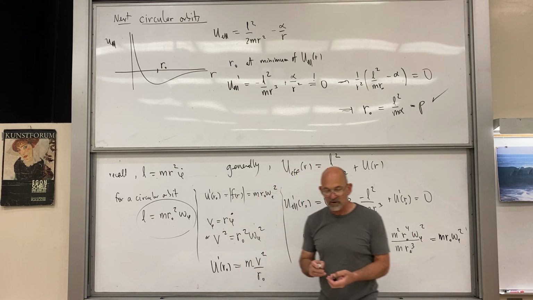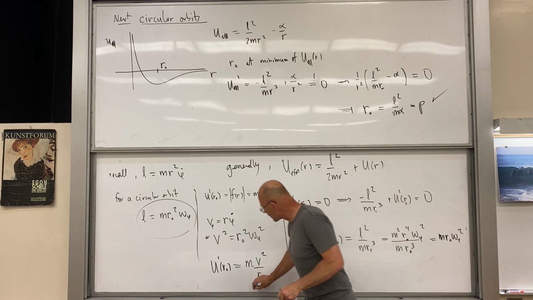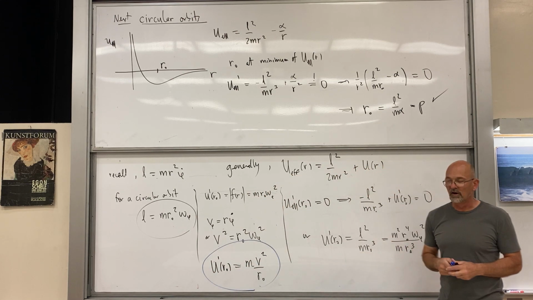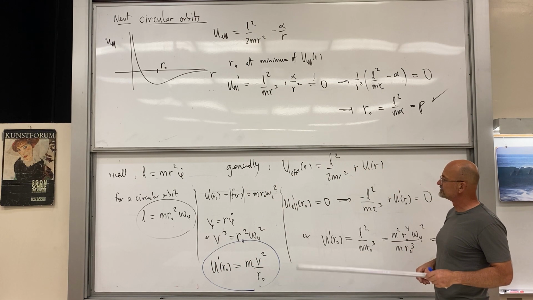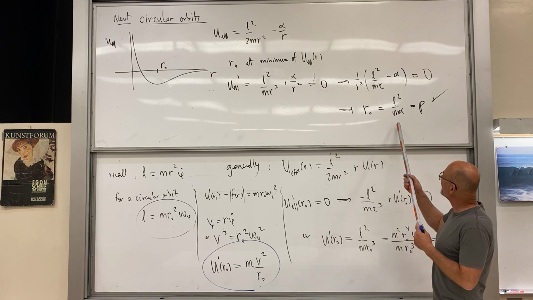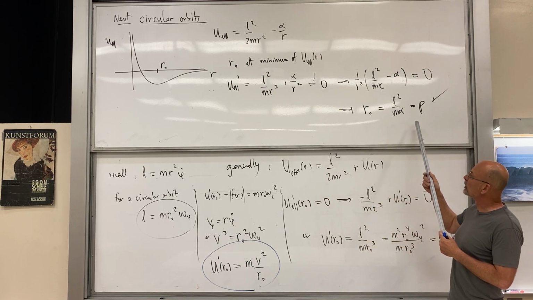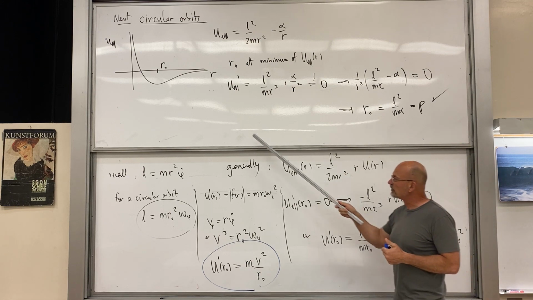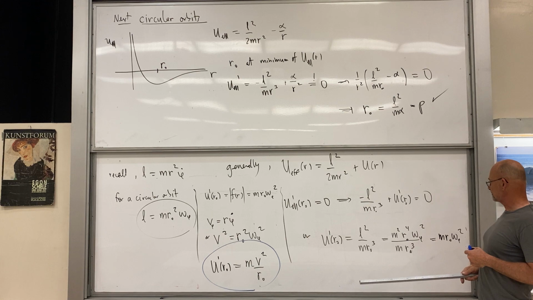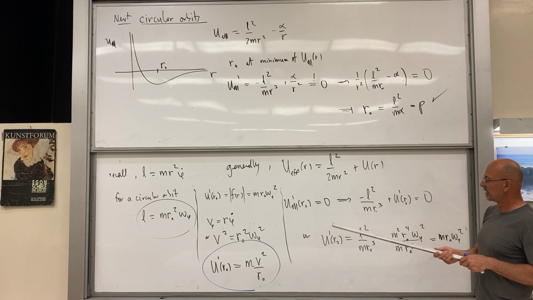And of course that's our centripetal force expression, mv squared over r. So that had to come out as well, and it comes out without any analysis of the result. This is just a pure circular motion analysis we could have done before we solved the Kepler problem. Good. So that is the circular orbits.